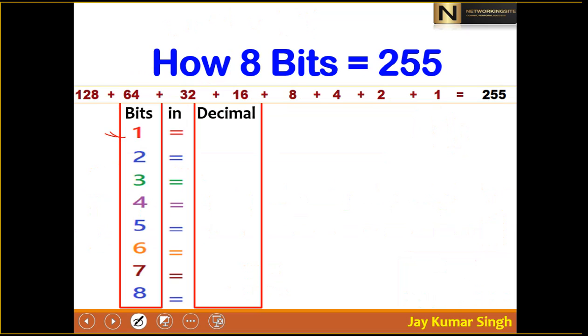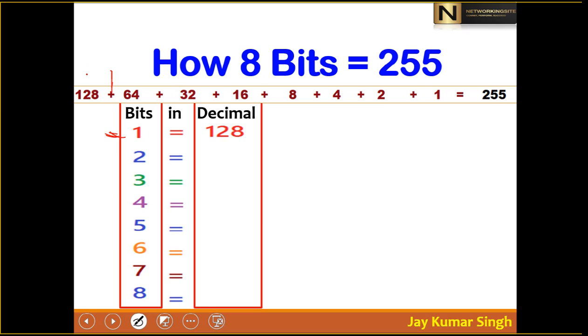So now let's come to know. If I have 1 bit on, what will be in decimal? Tell me. 128. Very good. 2 bits? 64? No, you forgot the plus.